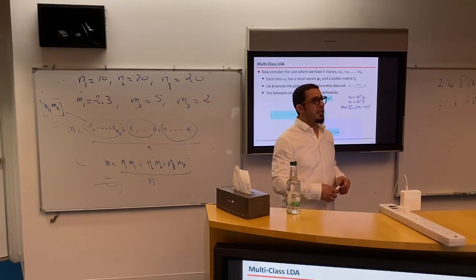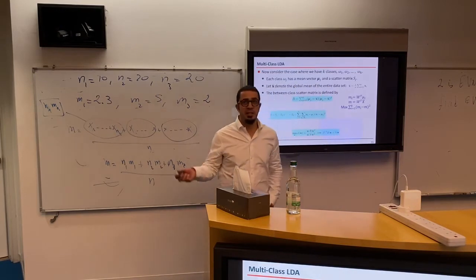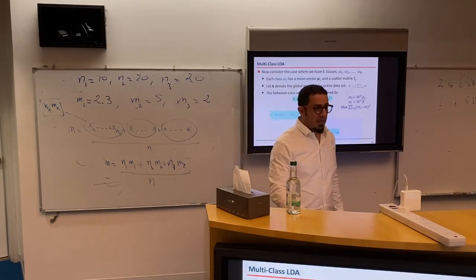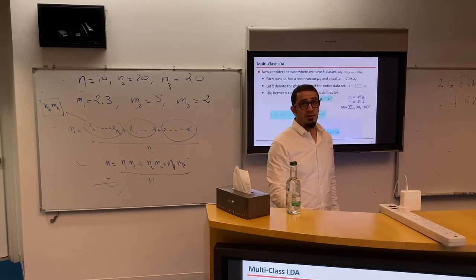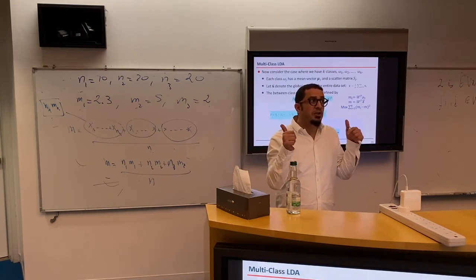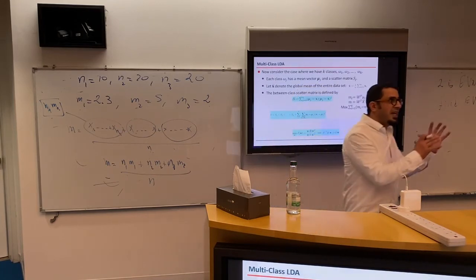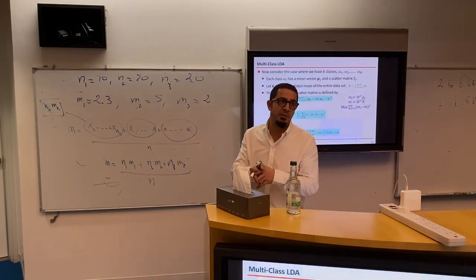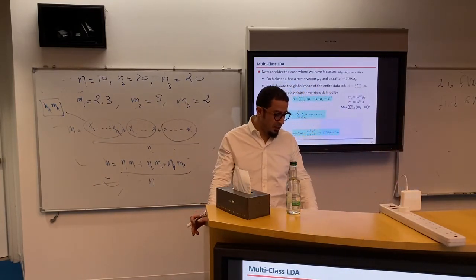The only difference is that B and S are multi-class. So at the end, you have to find the eigenvalues and eigenvectors of S minus 1 B. Here there is no shortcut. As we did before with two classes, it was enough to calculate S minus 1 and multiply it by mu1 minus mu2 to get W. But here, you have to do this process.